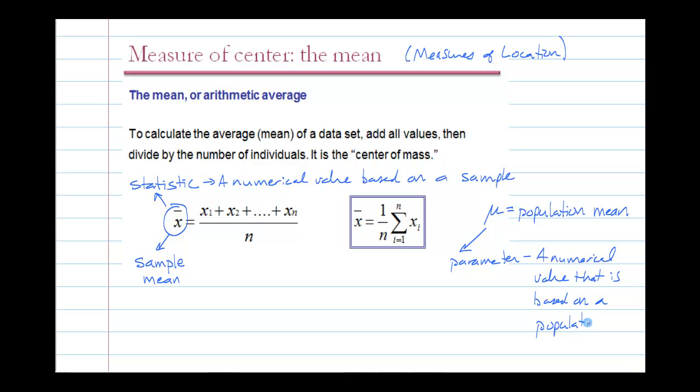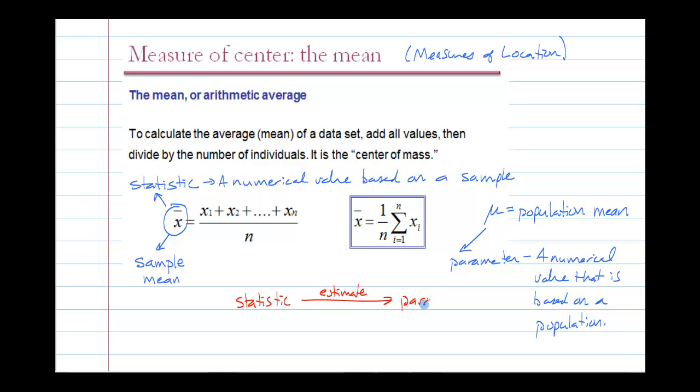Now there's a really good easy way to remember this with a mnemonic. Statistic starts with S, so does sample. So a statistic describes a sample. A parameter starts with P, so does population. A parameter describes a population. So the whole idea here with what we're working with is we want to use a statistic to estimate a parameter.